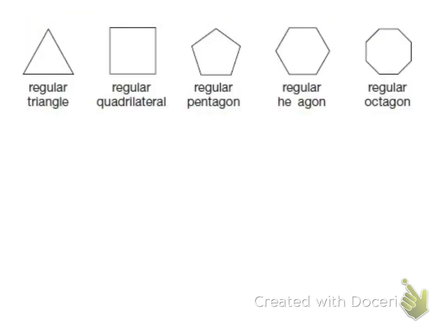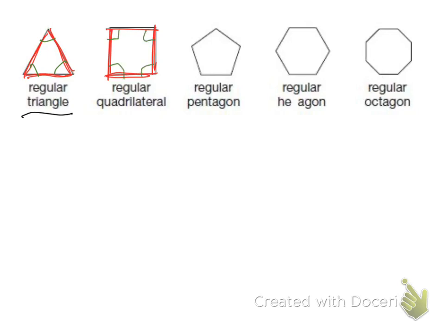Okay, now a regular polygon has lines that are equal in length and angles that are equal in measure. So for example, this is a regular triangle. That means that all of the lengths are the same and all of my angles are the same. A regular quadrilateral has 4 sides and all the lengths are the same and all my angles are the same.